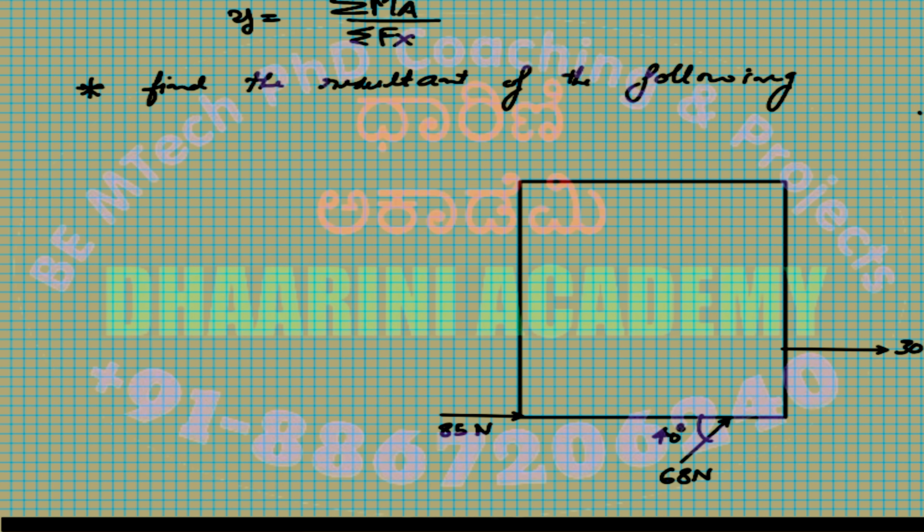This is 30 newtons. 25 newtons, 50 degrees. 90 newtons, 70 degrees.